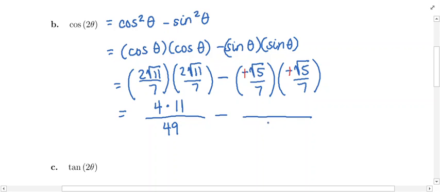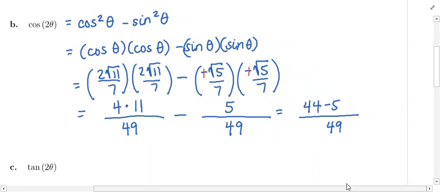The denominator will be 49, and across the top, square root of 5 times the square root of 5 gives you 5. We're subtracting 2 fractions over 49, so combine them into 1. Across the top this is 44 minus 5. And so the answer here is 39 over 49.